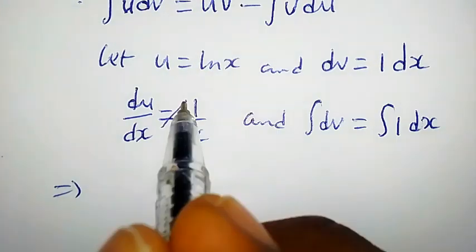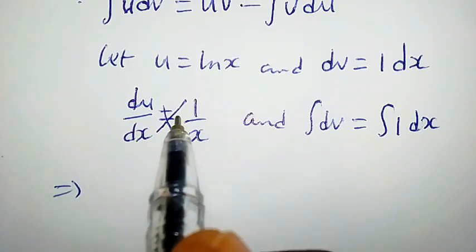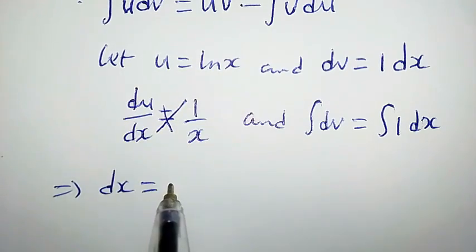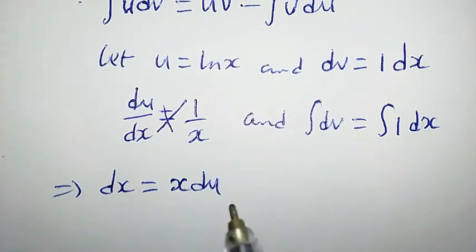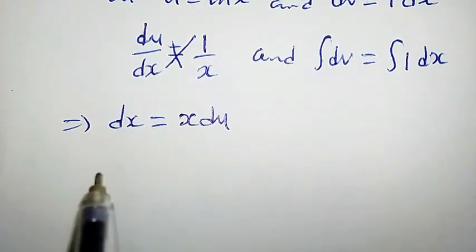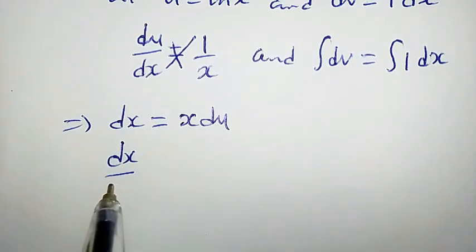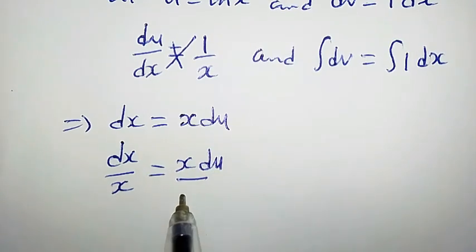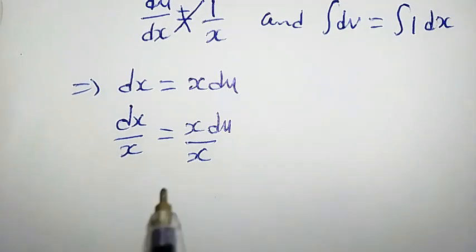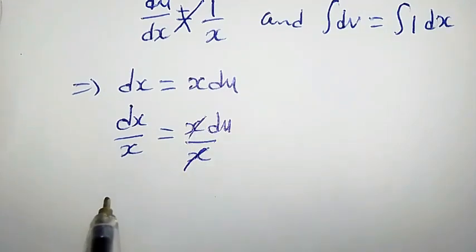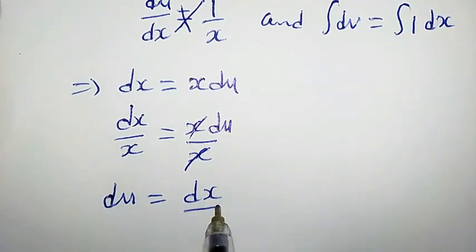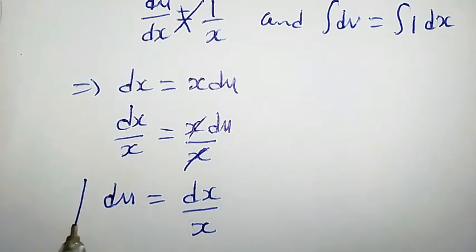This implies that if we cross multiply, dx times 1, that is dx, equal to x times du. Dividing both sides by x, we have dx over x equal to x du over x. x cancels x, we are left with du equal to dx over x. Take note of this guy.